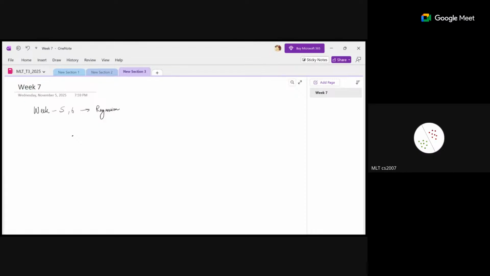classification problems, right? So classification, as we said, is when we have some classes into which we want to put our data set. For example, in the email spam problem, given an email, we have to check whether it would go to the spam folder or the non-spam folder, right?